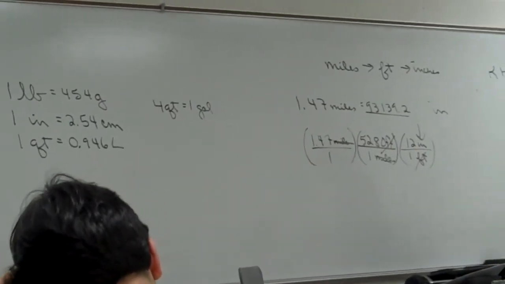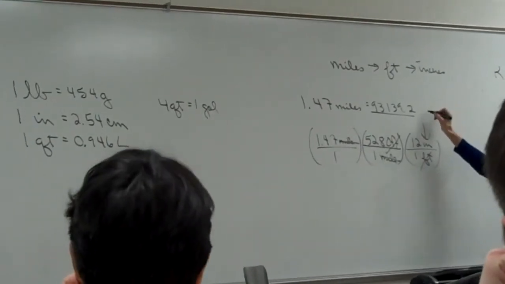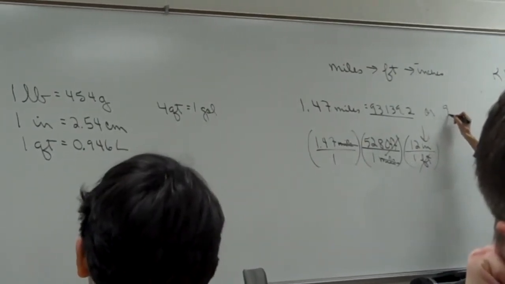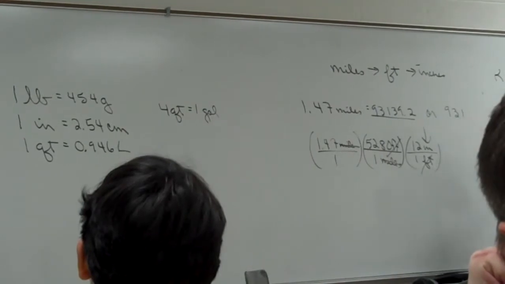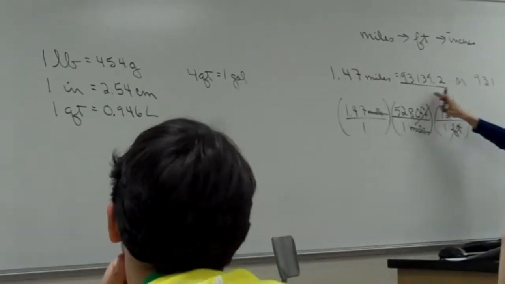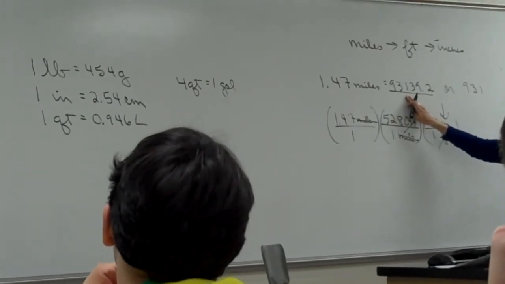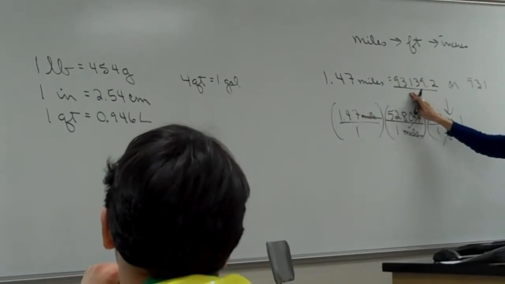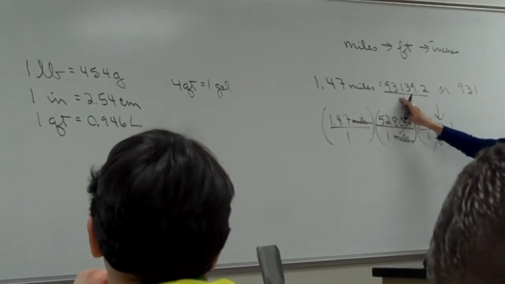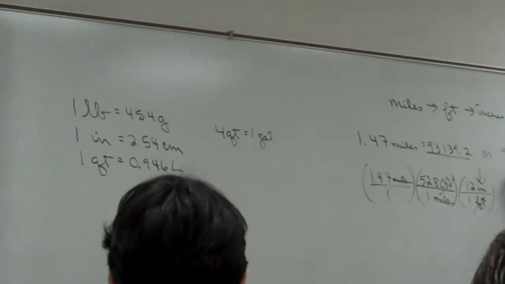Okay, so, Steve, tell me how to round that to have just 3. 931. Okay? Now, I like the 931, but I don't want you to stop there. You got your 3 sigs, but we went from 93,000 to 931.